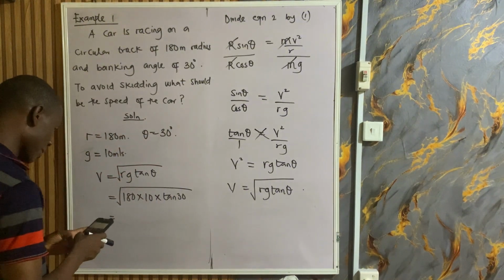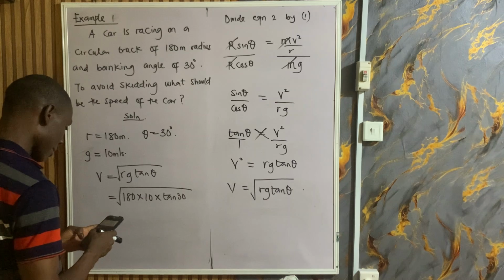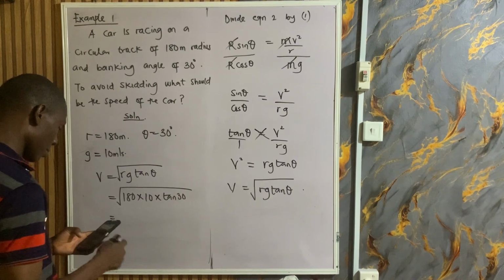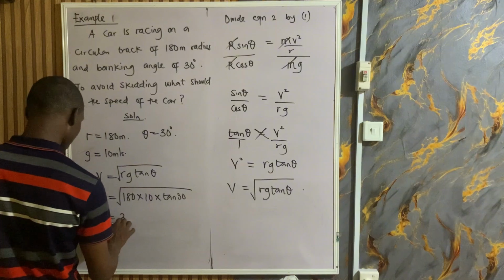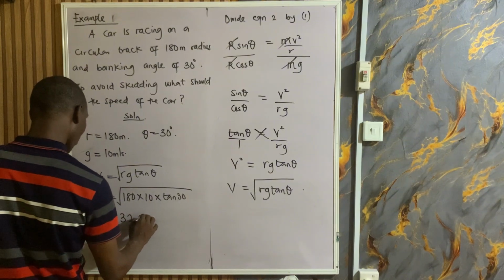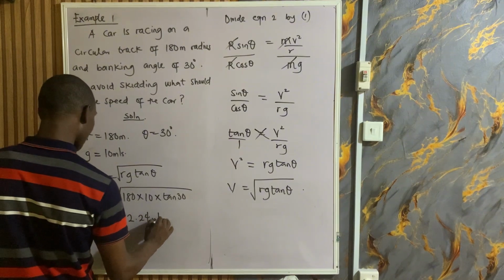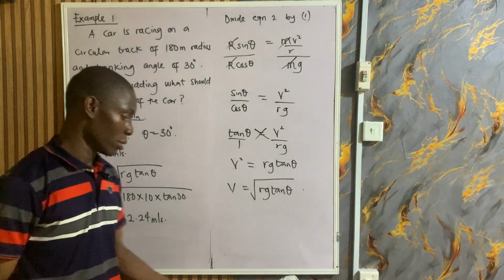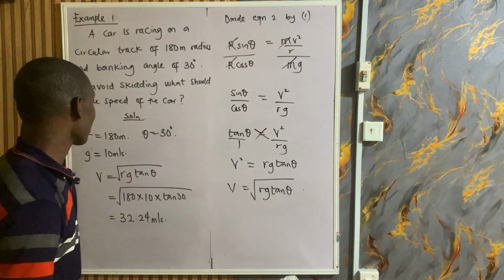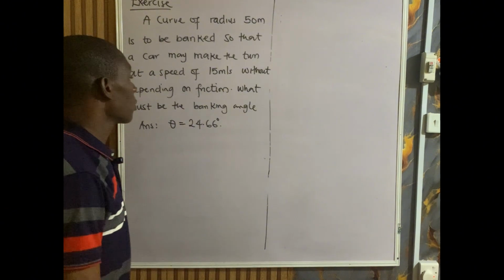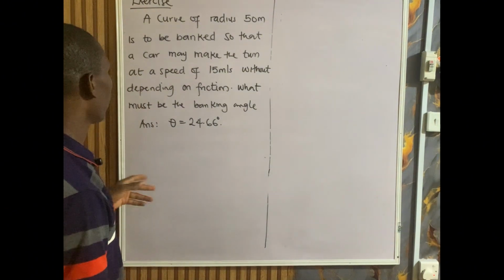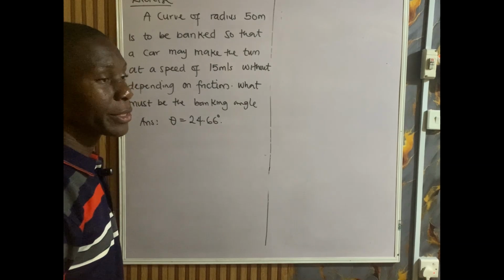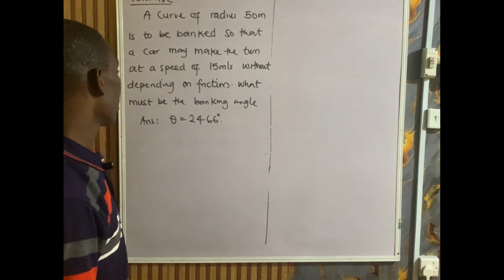Square root of 180 times 10 times tan 30, 32.24 meters per second. So that's the maximum velocity one should drive on this road. So that's that about that. Okay, so this is an exercise for a banking angle question where the road is banked. And that is the answer.